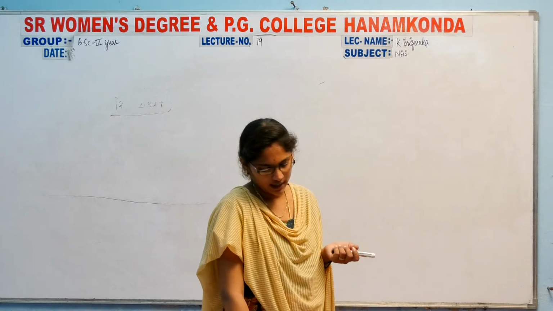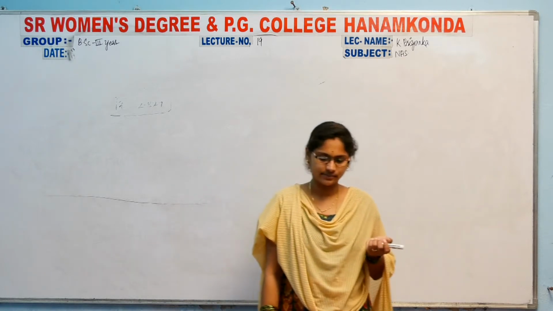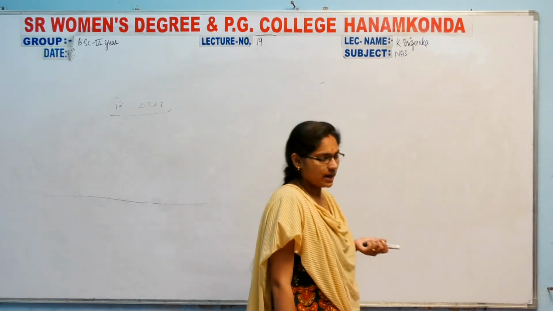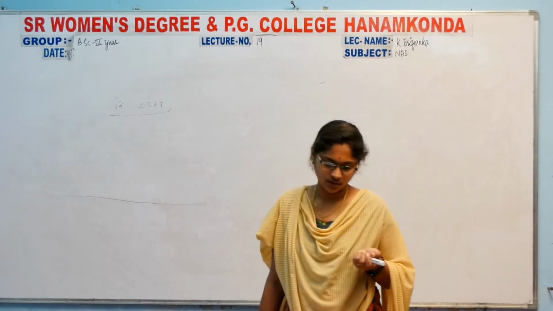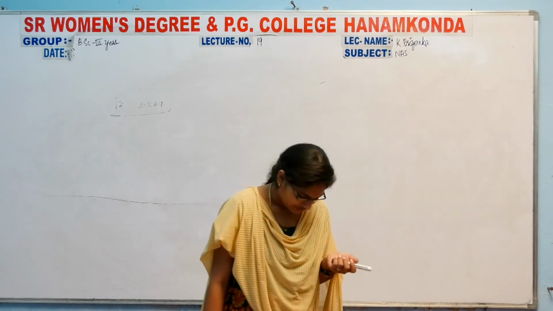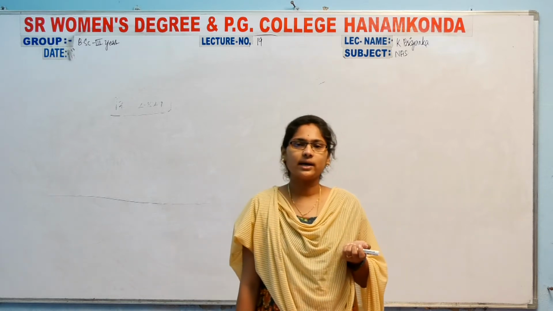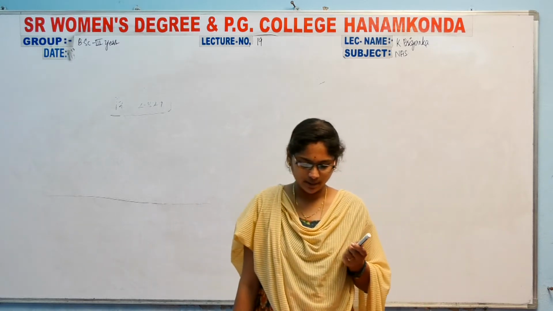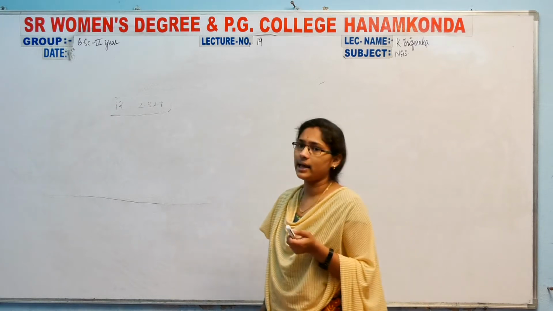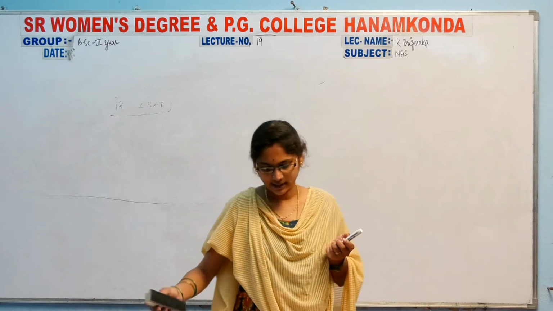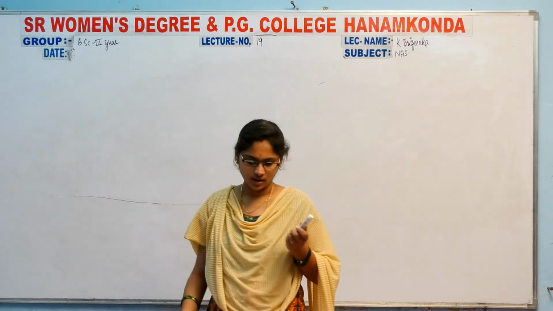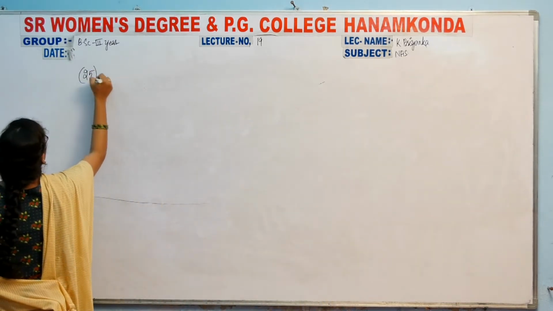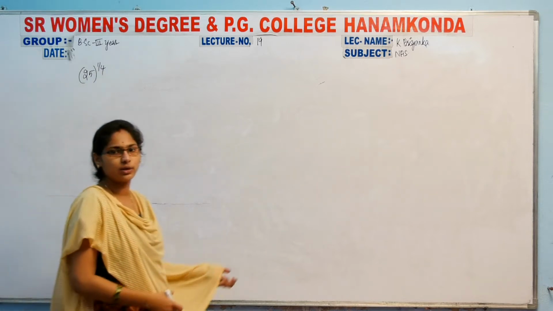Next, using the Newton-Raphson method, derive a formula for finding the kth root of a positive number capital N, and hence compute the value of 25 to the power of 1 by 4.